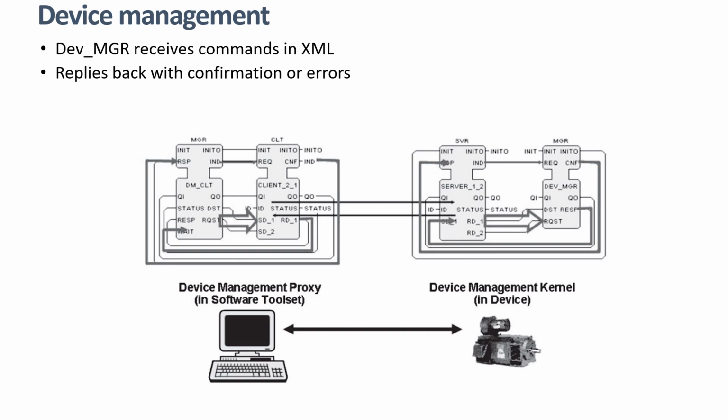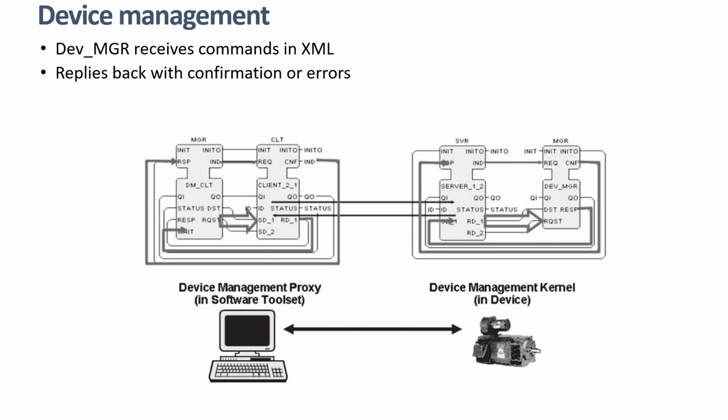So, device management. IEC 61499 defines an XML-based open protocol to be used to configure the various devices, for example, for sending new function block applications or particular function block instances, or starting and stopping these function blocks, and creating and deleting connections between function blocks.